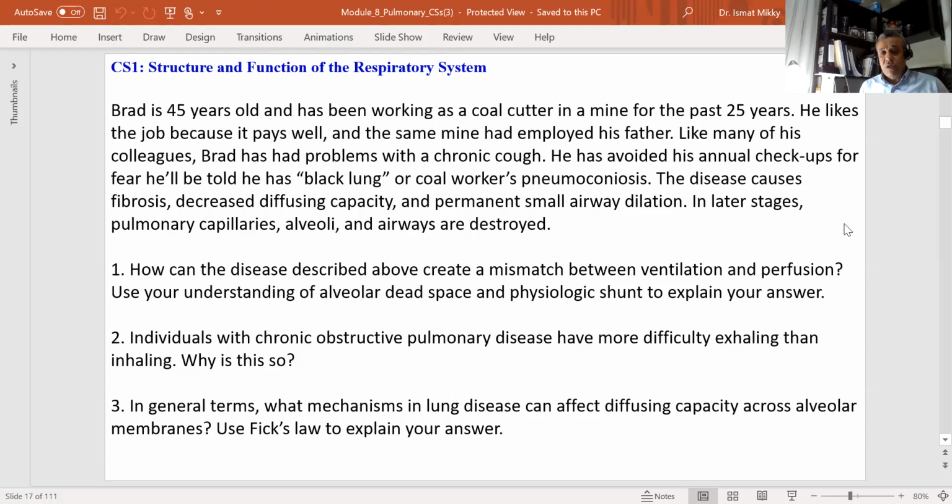So for the first question, we can say that chronic lung disease can cause impairments in both pulmonary ventilation and perfusion.